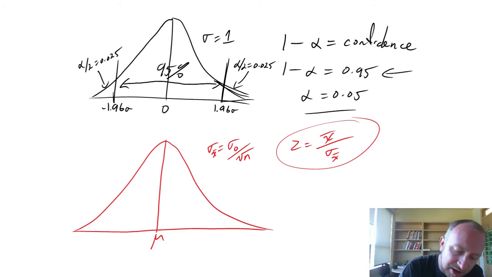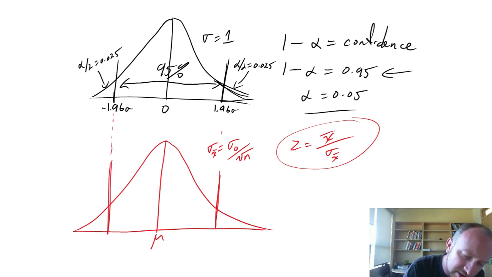So I can drop these lines down. I'm just following these lines down: this point here is 1.96 standard errors, so 1.96 sigma x bar, and this is negative 1.96 sigma x bar.